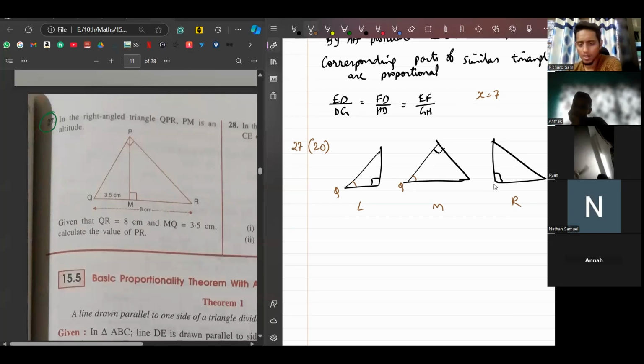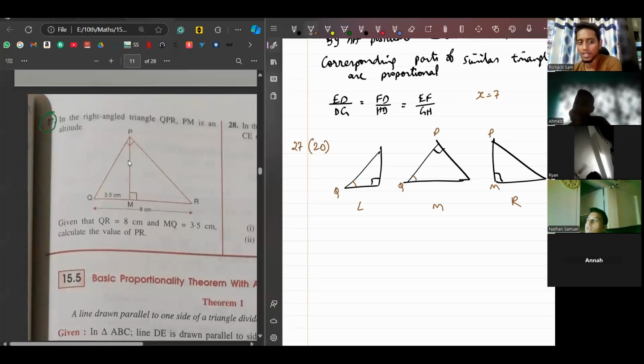Now, if you're comparing the middle triangle and the right side triangle, how are they similar? The 90 degrees, angle P and angle M, are the same. And what else is the same? Angle P is not the same for both. Here angle P is 90, here angle P is not 90.